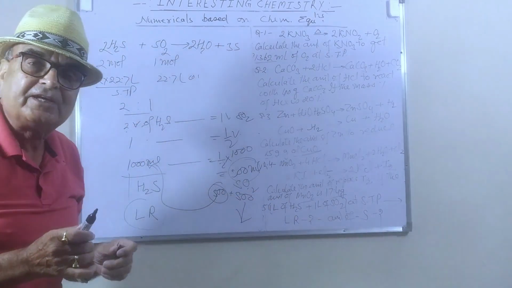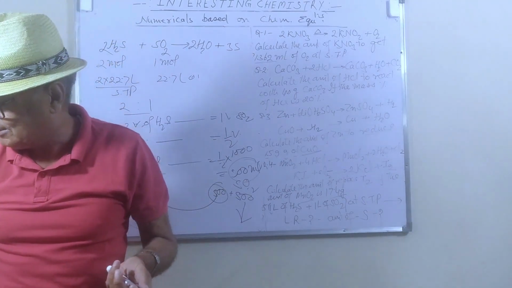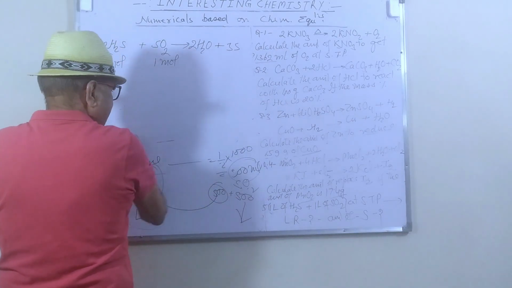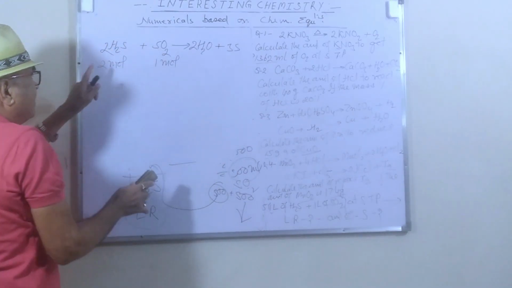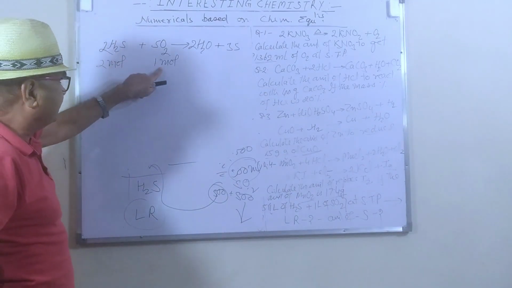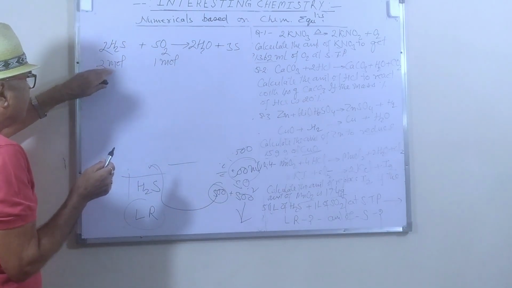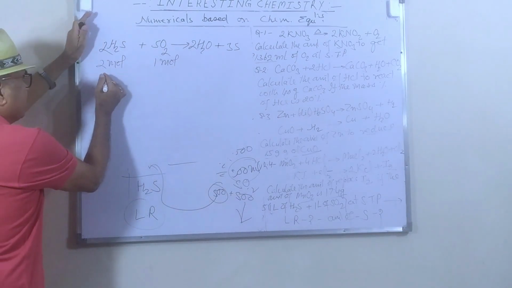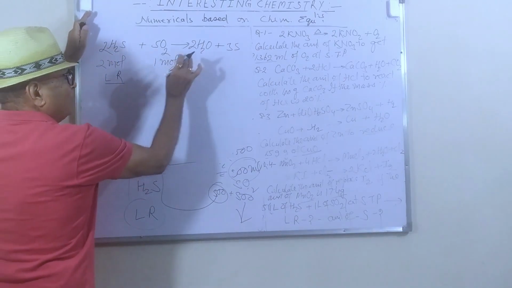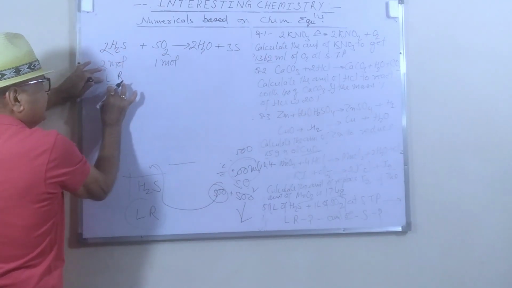So I think you have understood how to decide the limiting reagent. Once you decide the limiting reagent, as there are two reactants, the calculation of the amount of sulfur will be done by the limiting reagent.